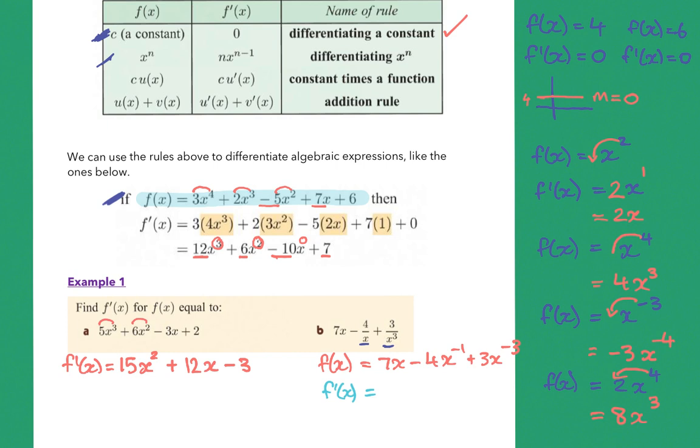So f dash of x equals 7x, so that becomes 7. -1 times -4, which is 4x to the -2. -3 times 3, which is -9x to the -4. And I can, if I want, write it back in index form.